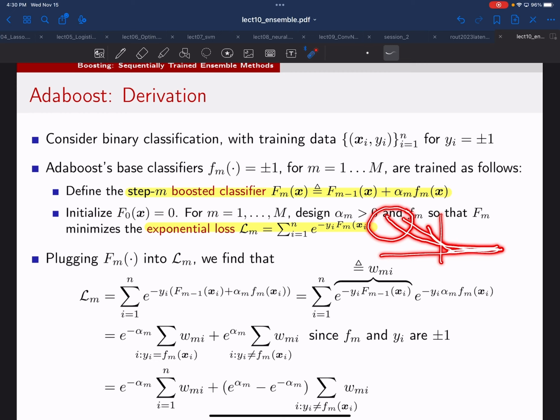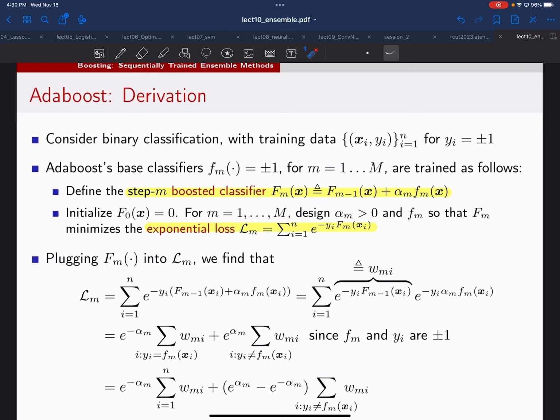Exponential loss has an exponential here, so basically it really freaks out when things are wrong. I would say it's probably not the most robust loss, but it is what is used, at least for this derivation. You don't see it very often in machine learning, but once in a while, when you're looking for a loss that makes things tractable. So anyway, that's the method.